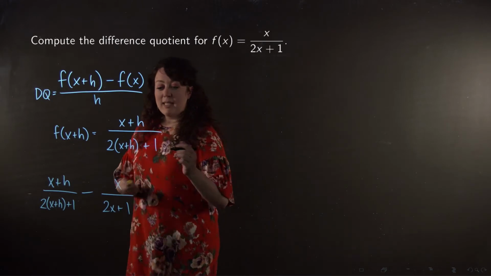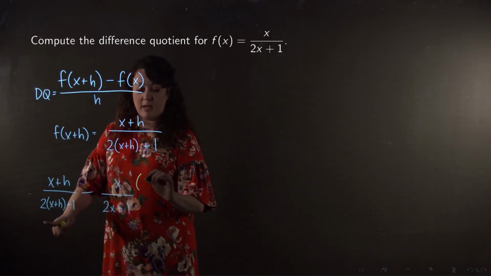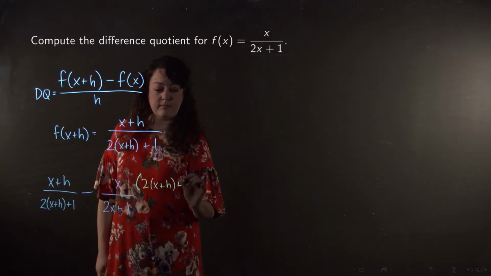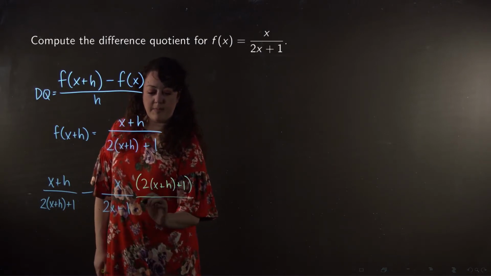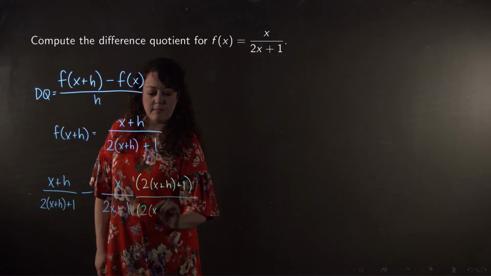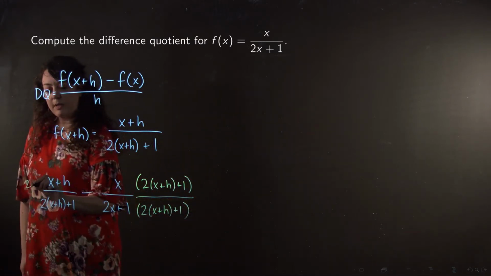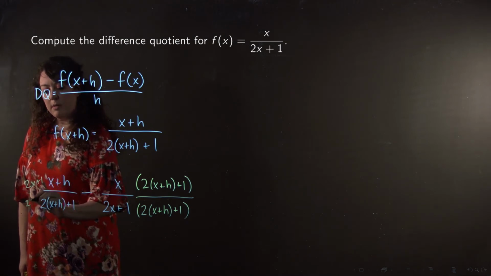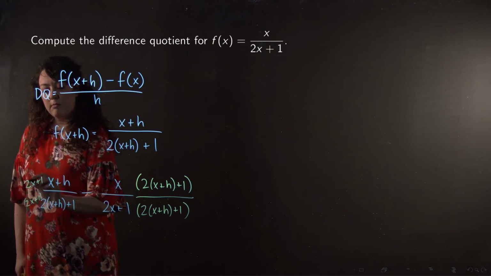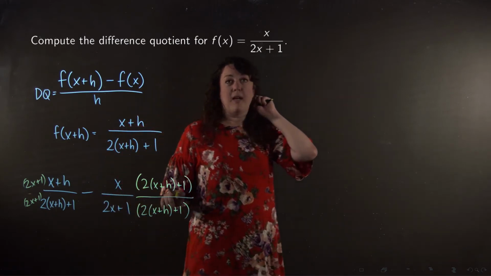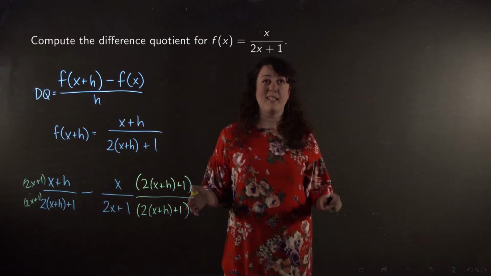No. So I need to take the entire left denominator and multiply by it over here, on top and bottom. And then I need to multiply the whole left fraction by 2x plus 1 over 2x plus 1. All right, now on this side, I'm going to have to multiply by 2x plus 1 plus h.